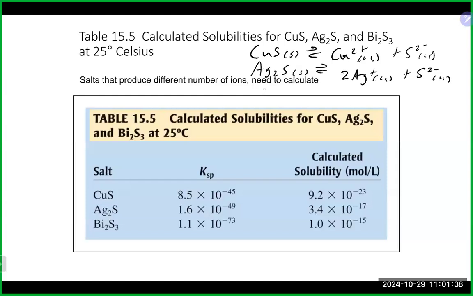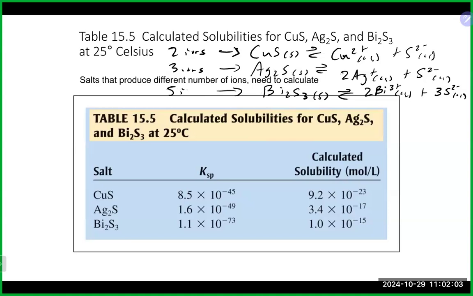And lastly, our bismuth sulfide, when that breaks apart, we're going to get a bunch of stuff. You're going to get a couple of these. So this one basically produces 2 ions. This one is 3 ions. And this one is a lot of ions, 5 ions.